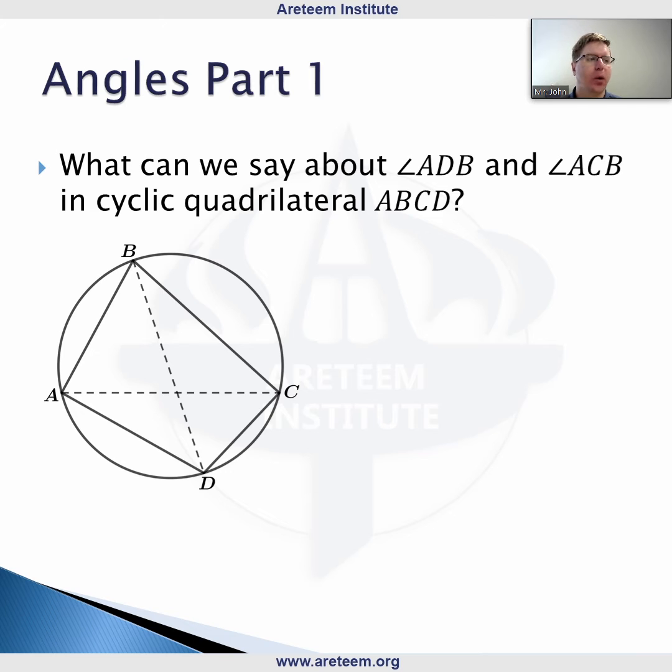This first question, in a sense, is asking what can we say about angle ADB? So we have this angle here, ADB, and we want to compare that to angle ACB in this case. Now, let's do this a little bit slowly as it's our first one, but this is pretty straightforward.